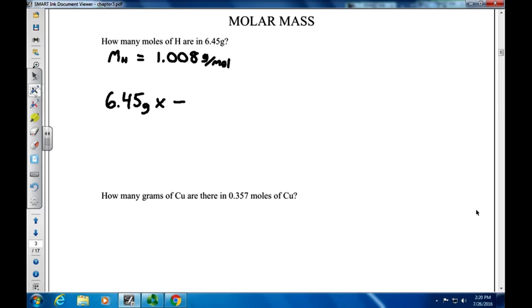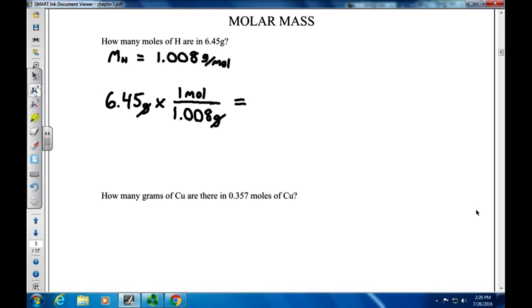The easiest way of doing that is to look at 1.008 grams per mole as being the same as saying for every 1 mole there are 1.008 grams. It's the same thing. And then you'll note that grams and grams cancel each other off, and you'll be left with moles, which is exactly what we want.